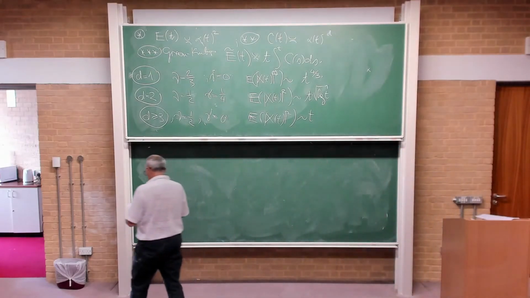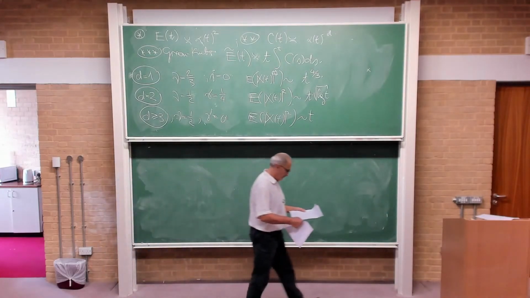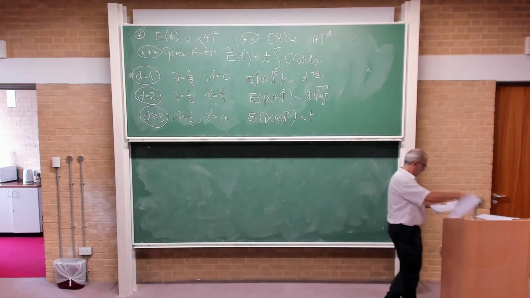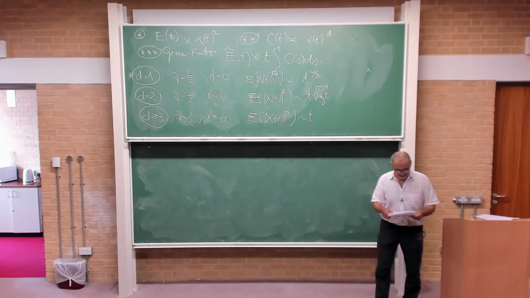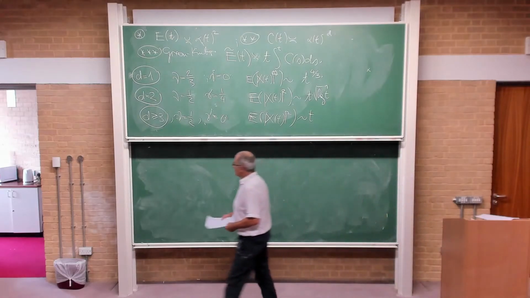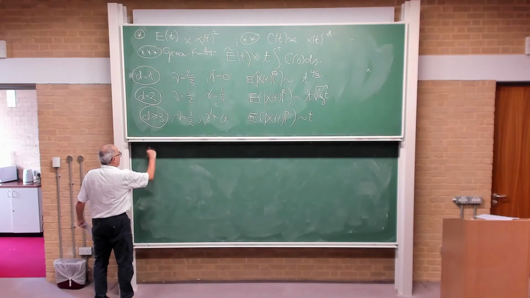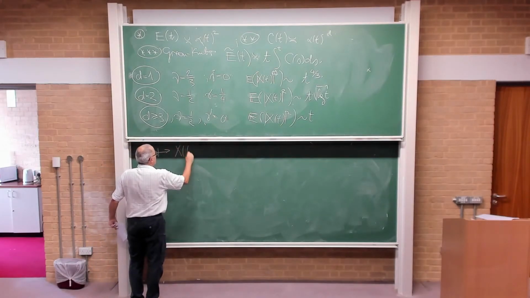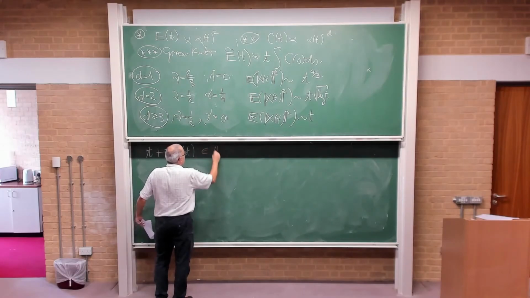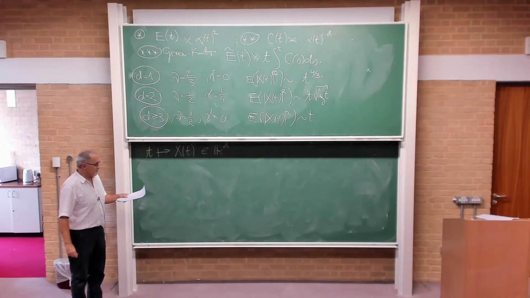So let me speak about the diffusion story, the continuous one. Now my process X_t is on R^d. d could be 2 or 3 or 1, but 1 is done.